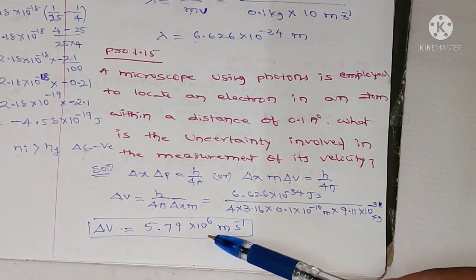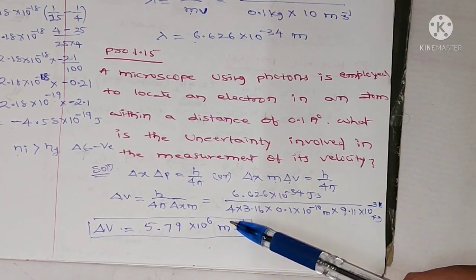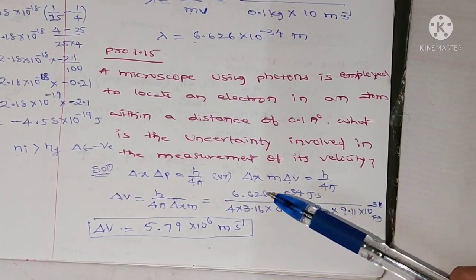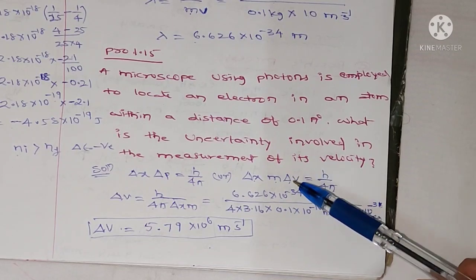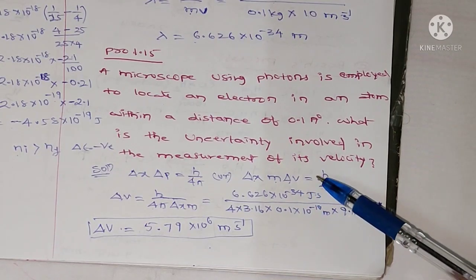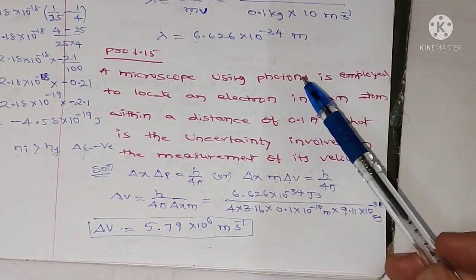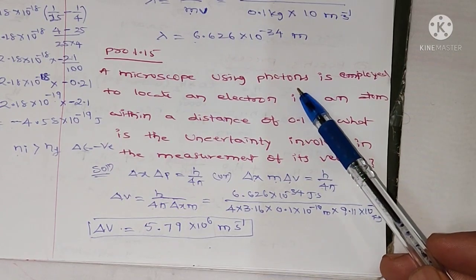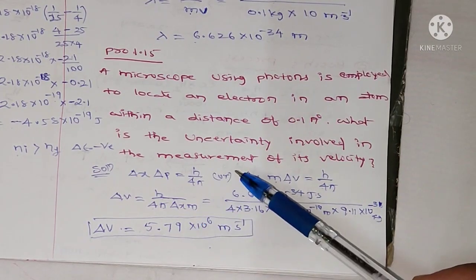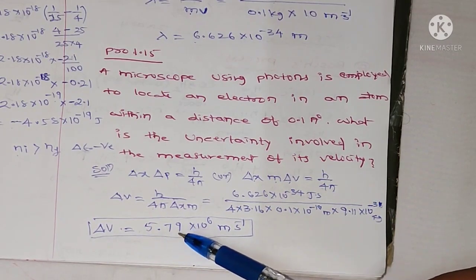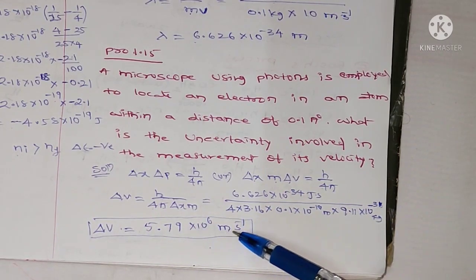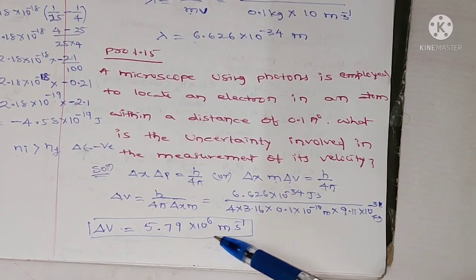So it is a significant value. And we know that the Heisenberg uncertainty principle is applicable only for microscopic particles. So here the particle is microscopic, and the uncertainty in velocity is 5.79 into 10 to the power of 6 meter per second. So it is a significant value.